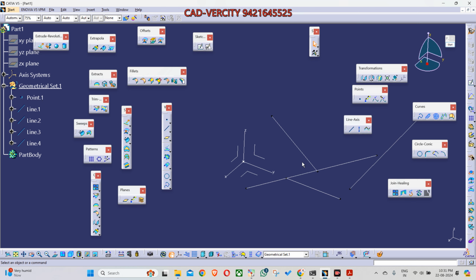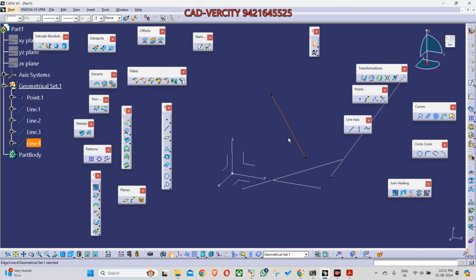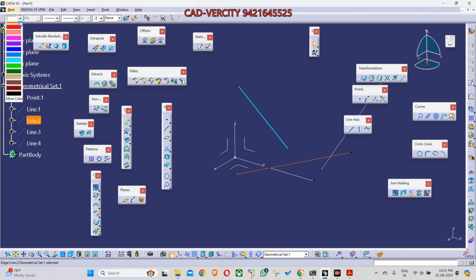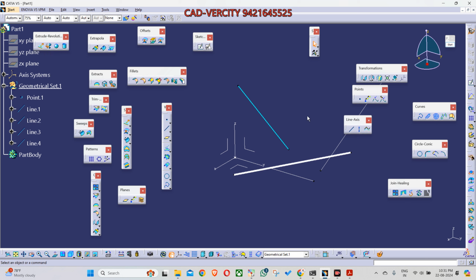Okay. Now tell me to which plane it is parallel. This is our new line. I will change the graphics representation. The pink line, or let's make it a blue line. Tell me to which plane it is parallel. That is parallel to ZX.